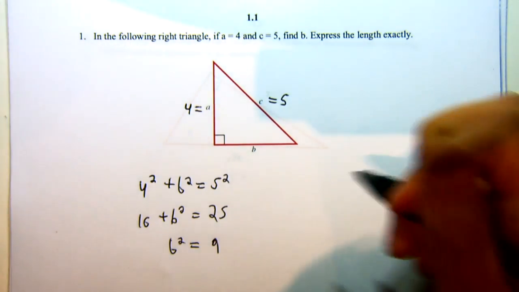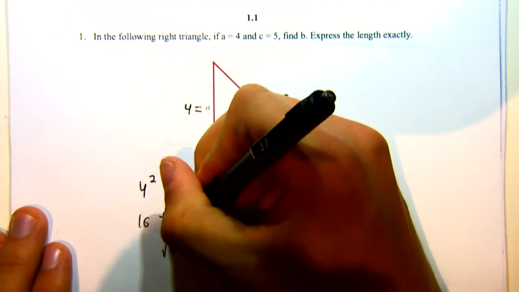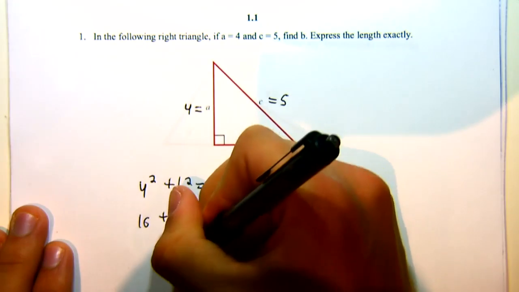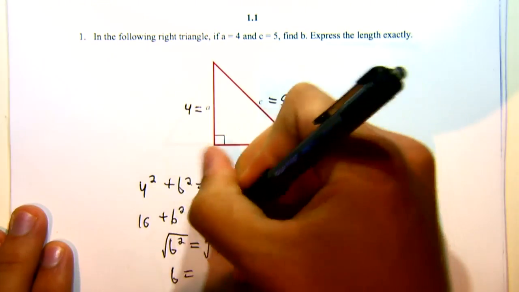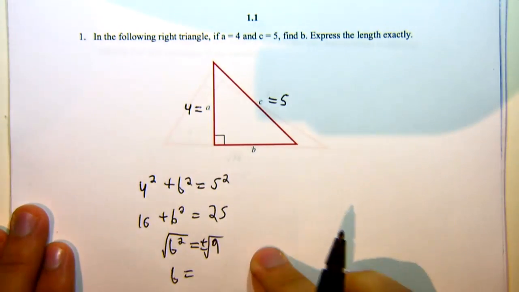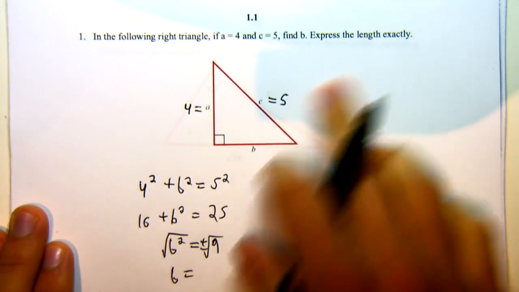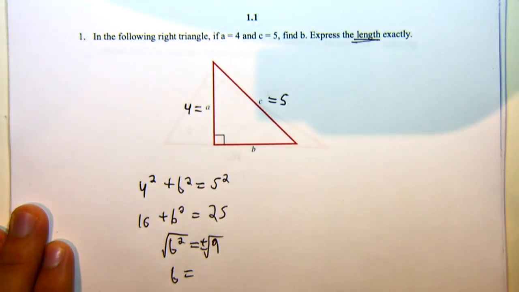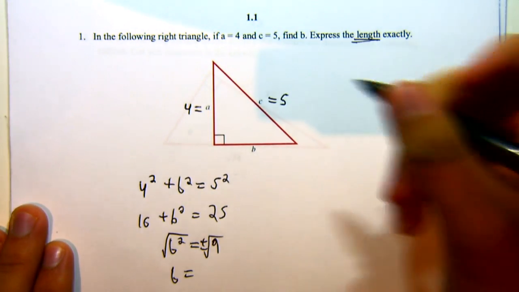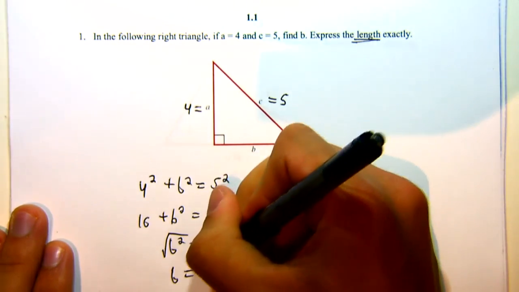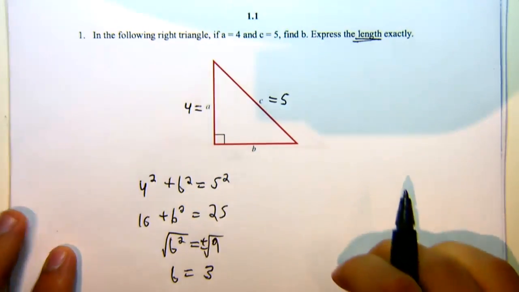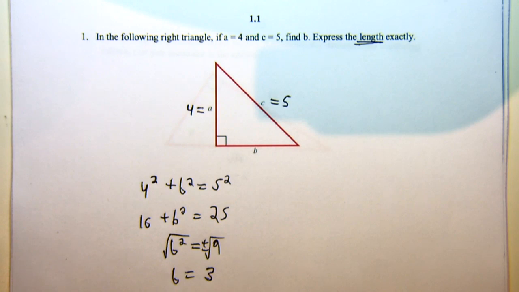And then take the square root of that. This could be plus or minus since we're taking the square root, but since it asks for a length, we know it's got to be a positive number. So this has got to be positive 3.